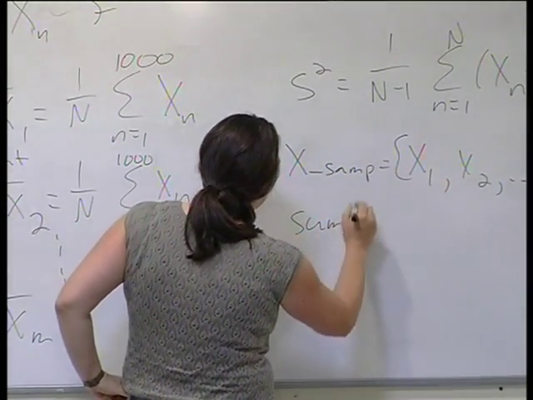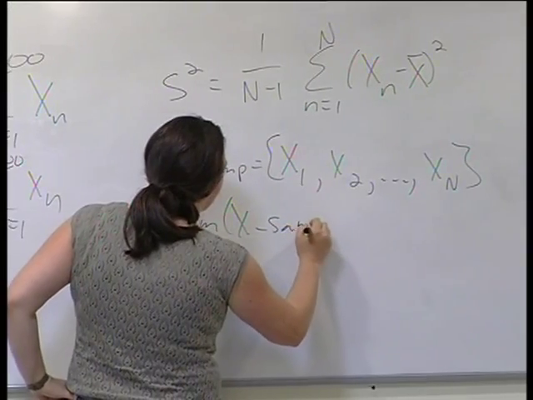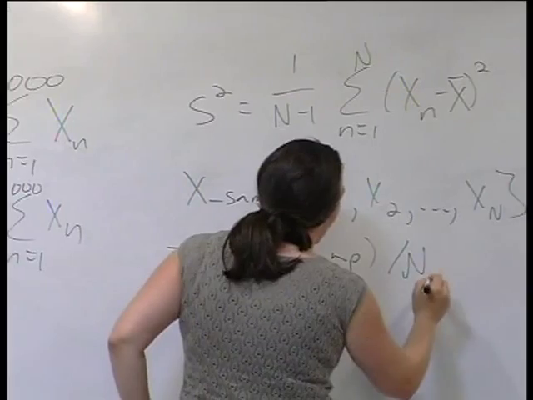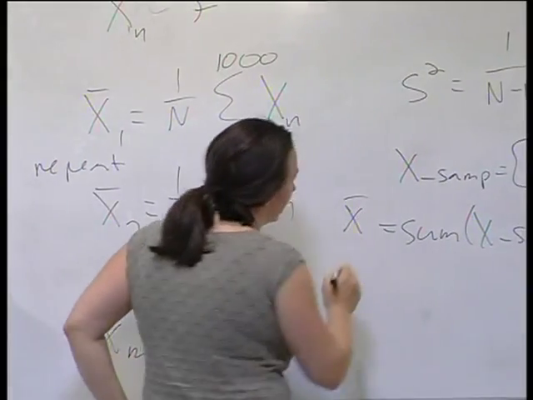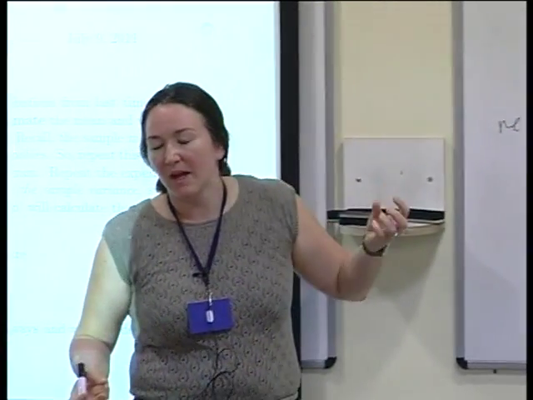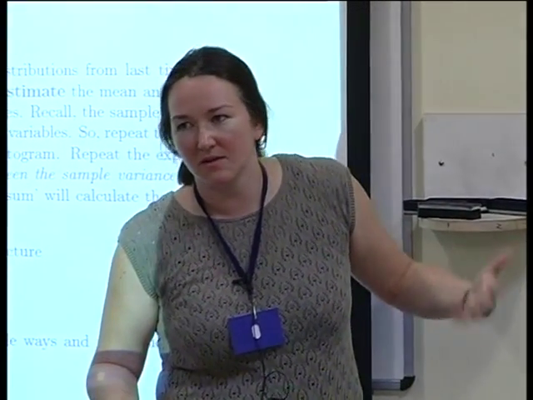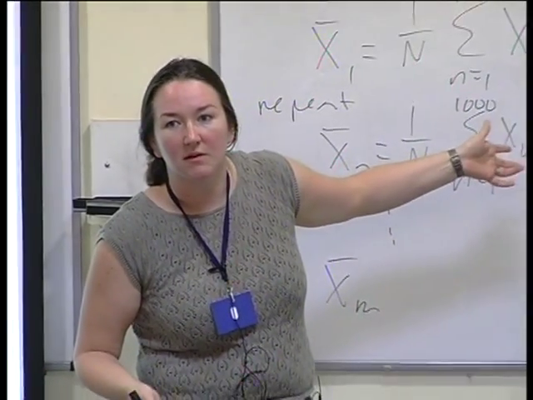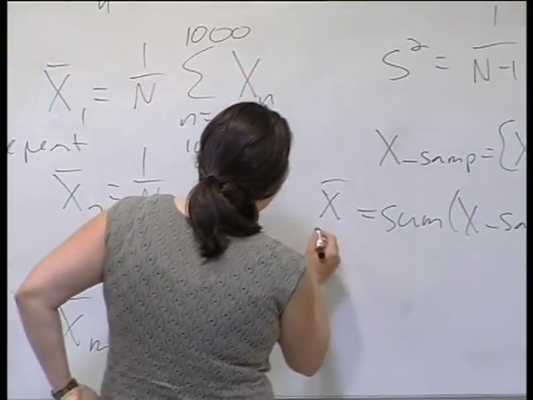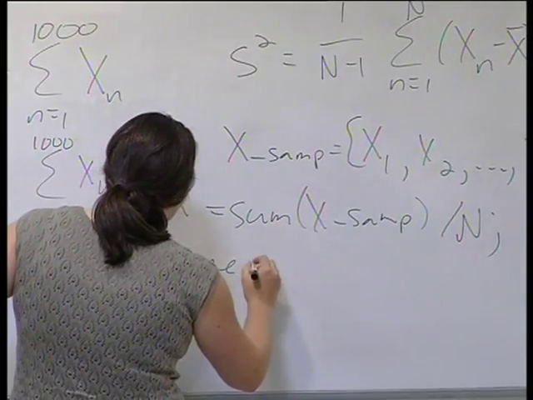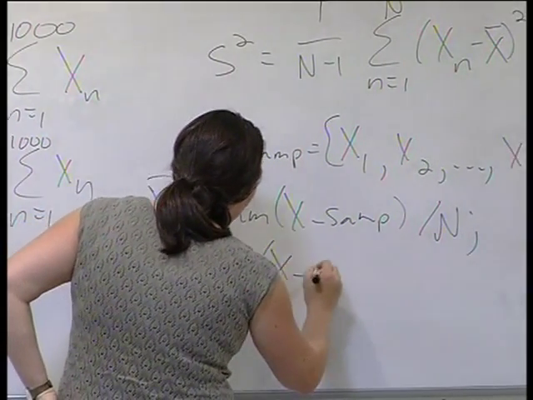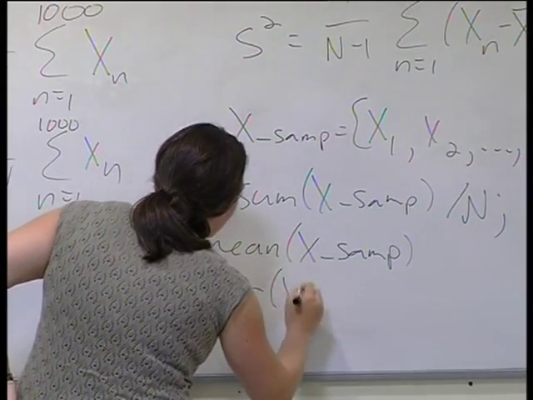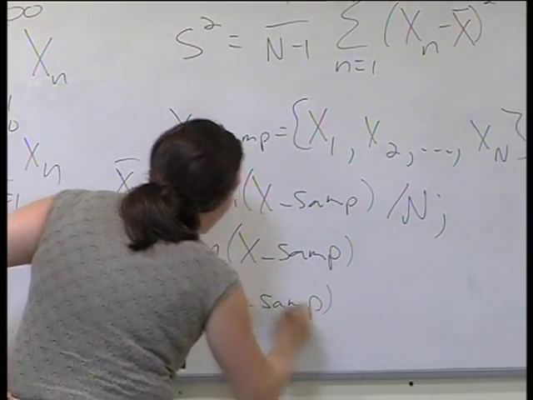You can do the sum of Xsamp divided by n. But MATLAB, of course, has a ton of built-in functions. You might have started to discover this if you're new to MATLAB. So, of course, mean and variance are built in. You could check yourself and take the MATLAB function mean of Xsamp and the MATLAB function variance of Xsamp.